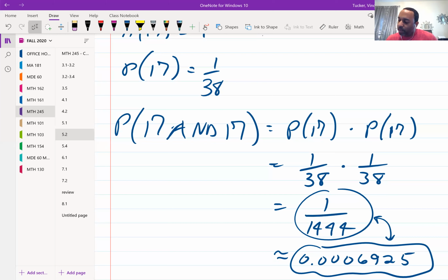Of course, MyMathLab will let you know if they want a decimal or a fraction. All right, questions on that one?